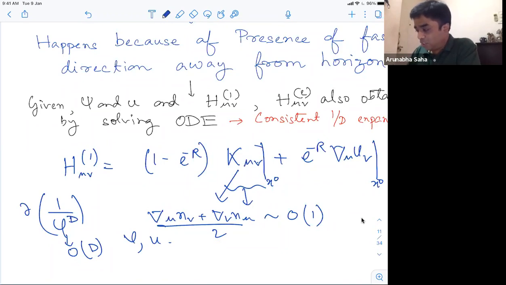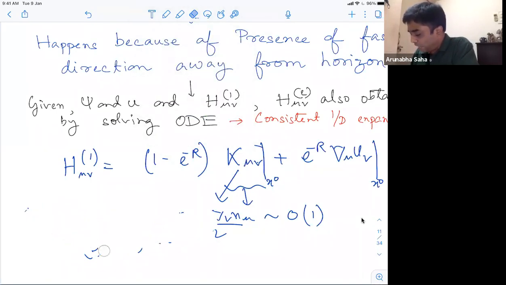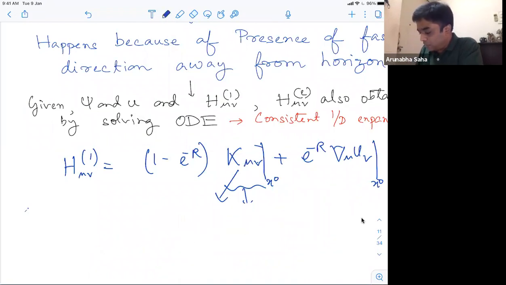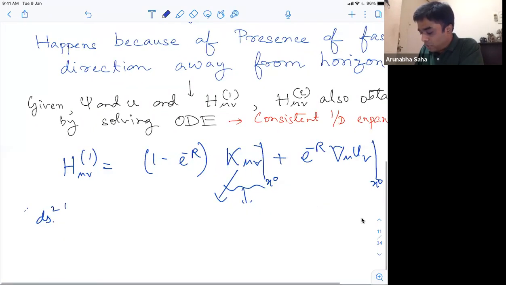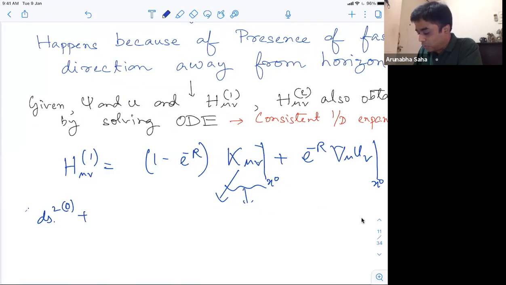And once you try to use this information to solve for the higher order corrections, you will write the corrections as, suppose, the metric of 0th order plus 1 over d h mu nu 1.